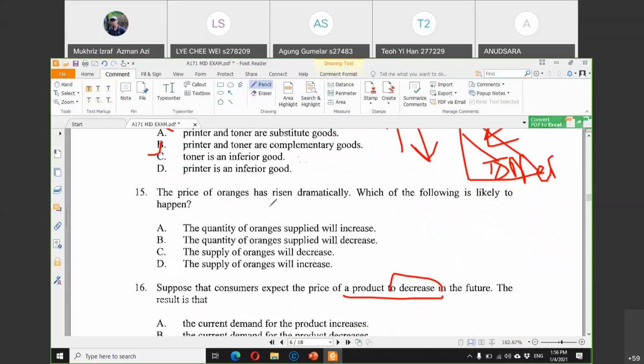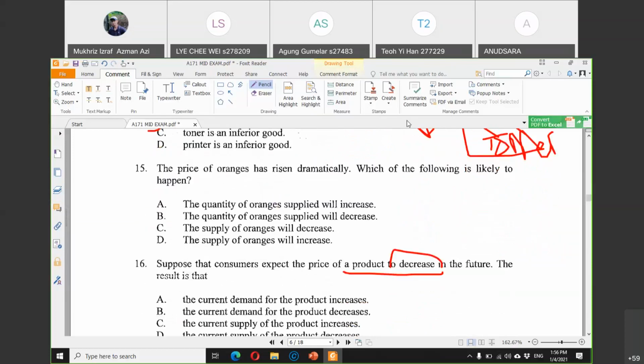Okay. Next is number 15. Price of oranges has risen. Which of the following is likely to happen? Again, here you have this concept of quantity supplied versus supply.